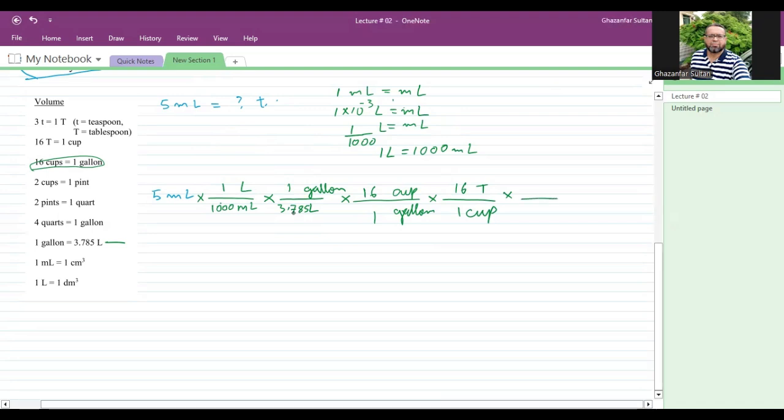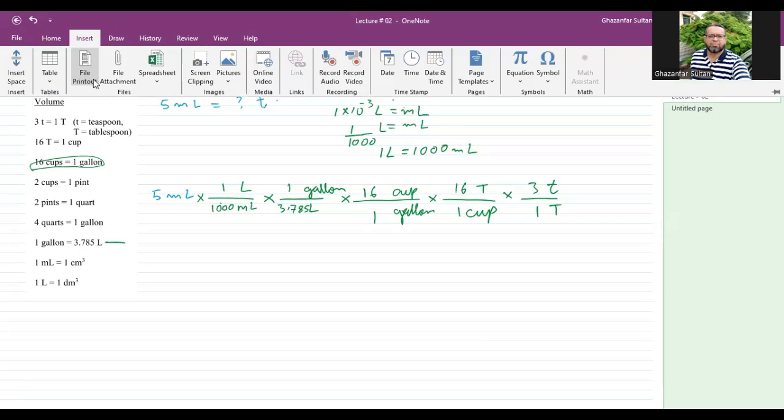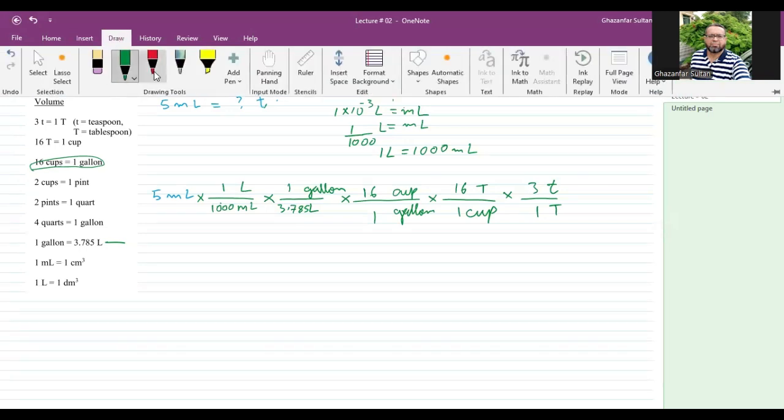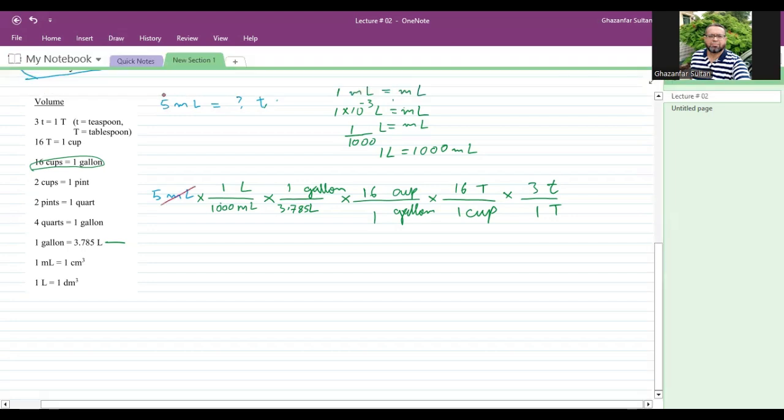Anyway, we have to convert this tablespoon into teaspoon, and that was our requirement as well. So 1 tablespoon is equal to 3 teaspoon. So in this calculation, you can see that ml to ml cancel, liter to liter cancel, gallon to gallon cancel, cup to cup cancel, and tablespoon to tablespoon cancel. Only the teaspoon is there.